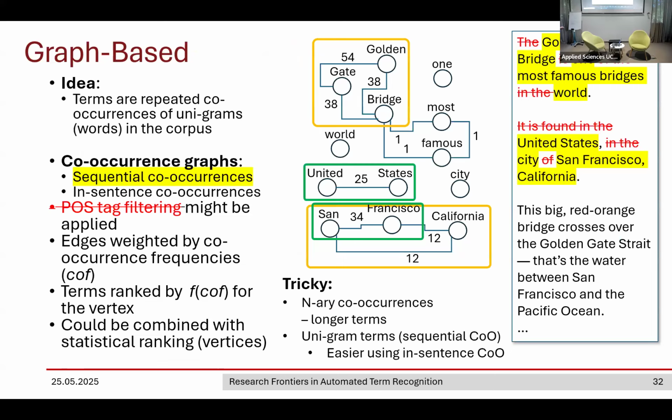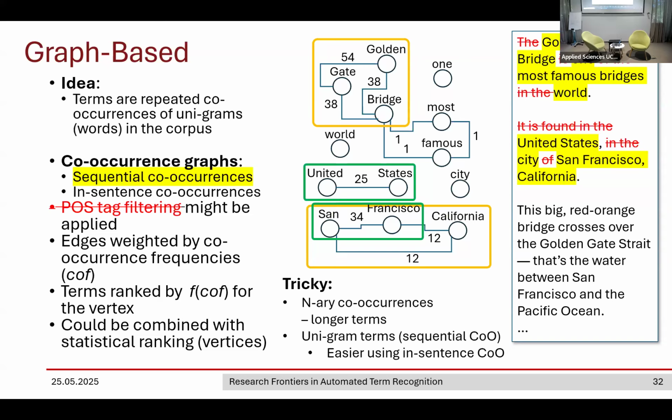This is the graph-based family. The idea of the graph-based family is that terms are repeated co-occurrences of unigrams, like Golden Gate Bridge is a repeated co-occurrence of these unigrams. Golden co-occurs 54 times with gate. Just imagine a longer text and count the co-occurrences in the text.